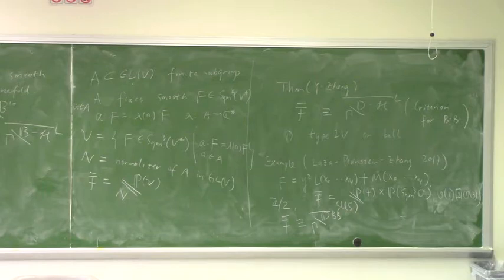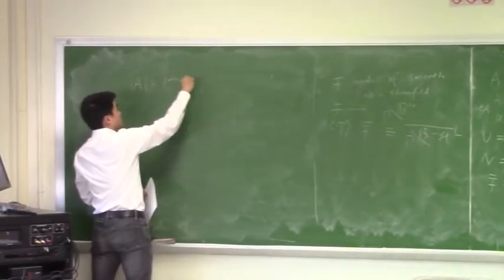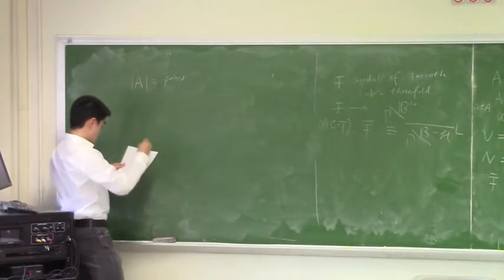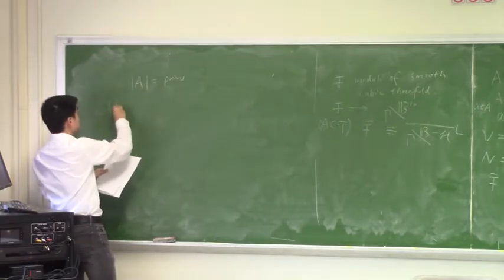So if we consider A a cyclic group of prime order, this is a prime, then we will have 13 examples.